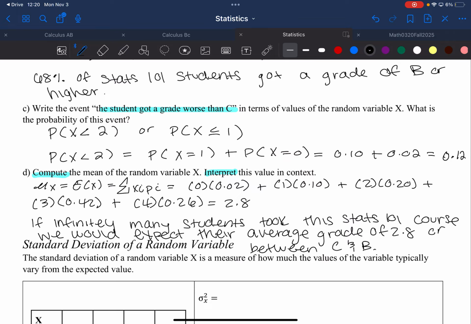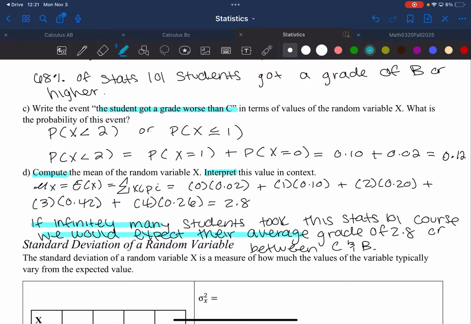You're always going to say, if infinitely many blank, whatever the context is, we would expect their average blank, whatever the context is. Okay? These are the most important. If infinitely many blah, blah, blah, we would expect their average to be blah, blah, blah, depending on the context of the problem.